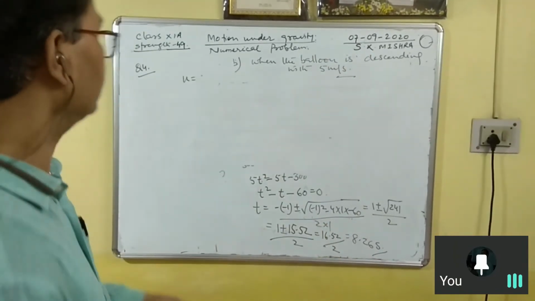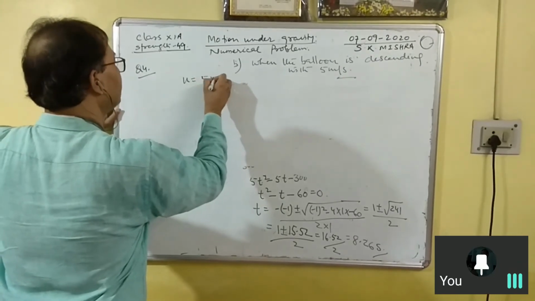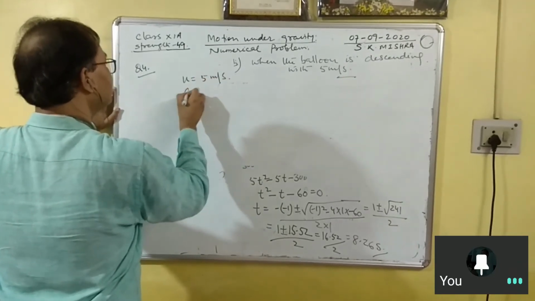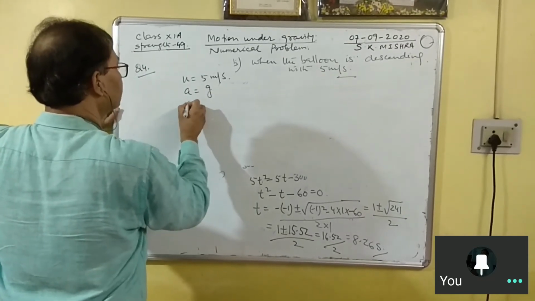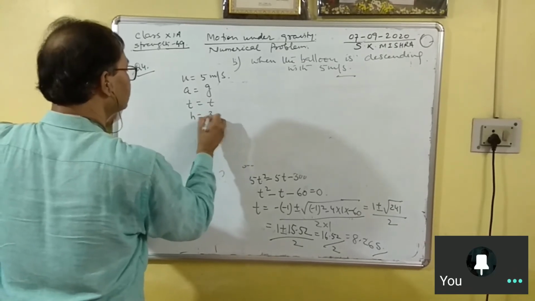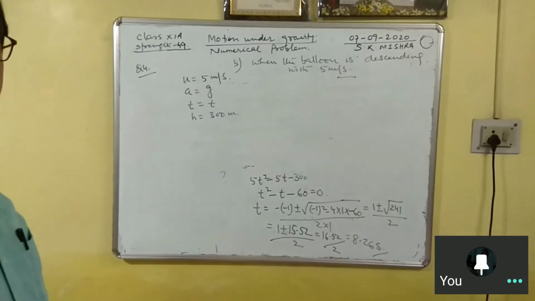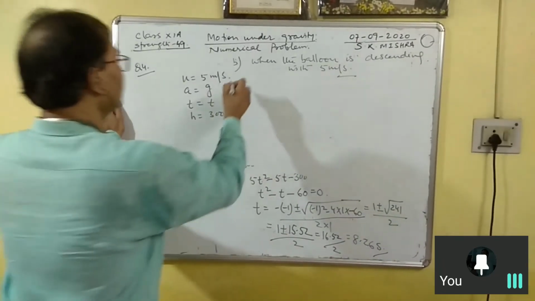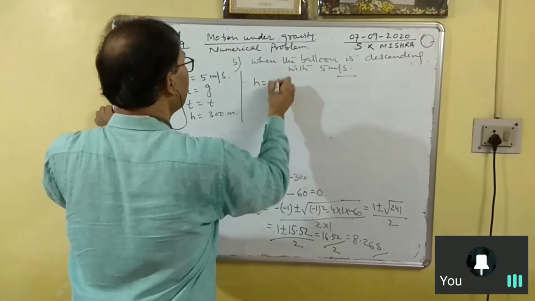I can show you. So I am taking U as 5 meter per second, then acceleration is plus G, time T, and H is equal to 300 meter. Everything we have given positive sign. Then use the same relation, H is equal to UT plus half AT square.